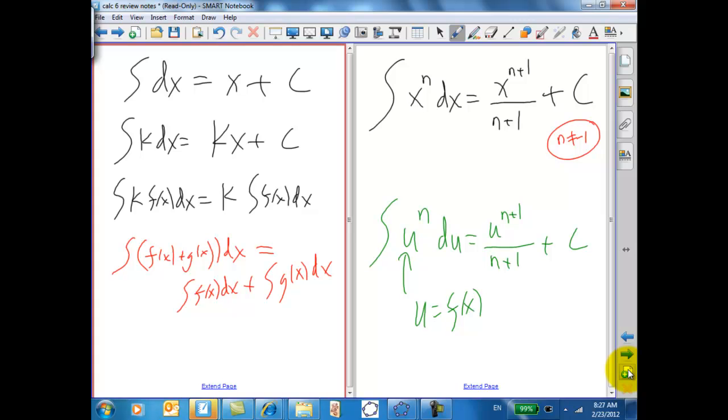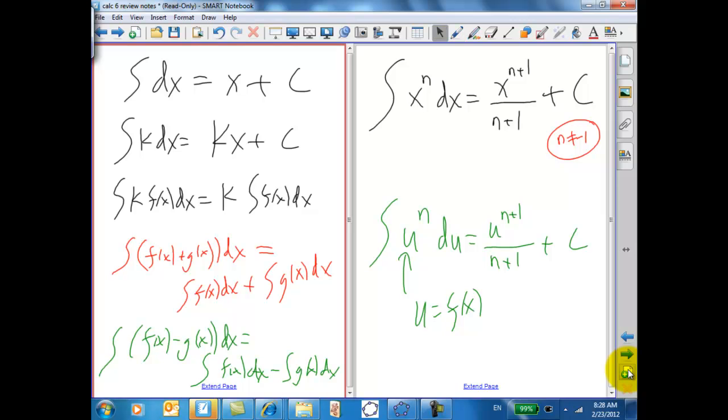So when you've got multiplications and you don't see one of these patterns, you're going to have to consider just multiplying it all out. Then you can take the antiderivative of each of the terms. And this works for subtraction too, of course, right? The integral of f of x minus g of x dx would be the integral of f of x dx minus the integral of g of x dx.